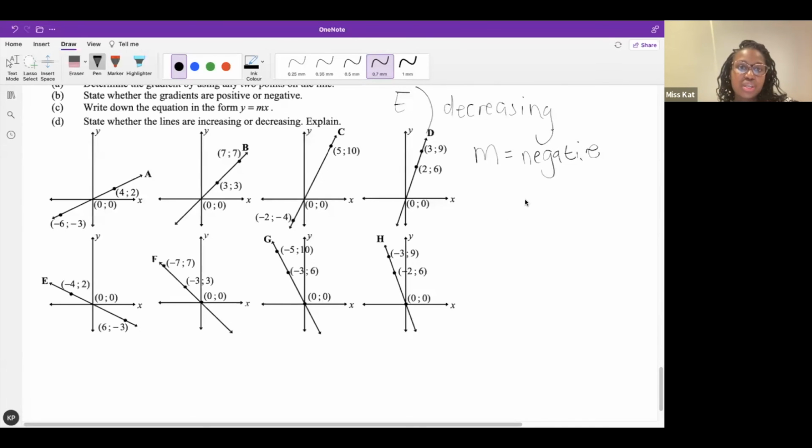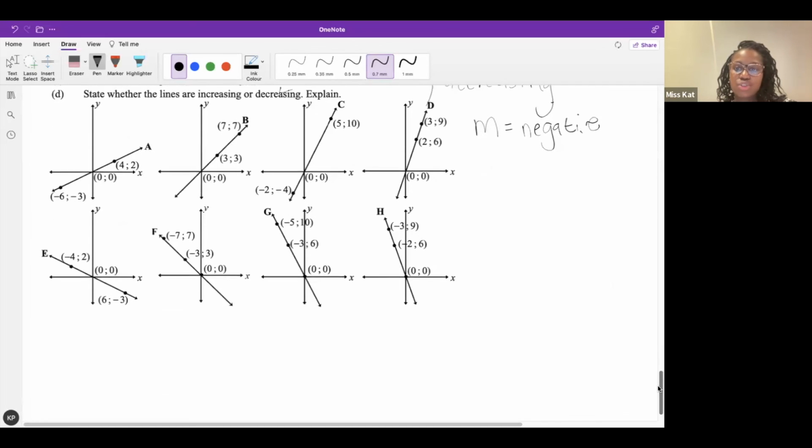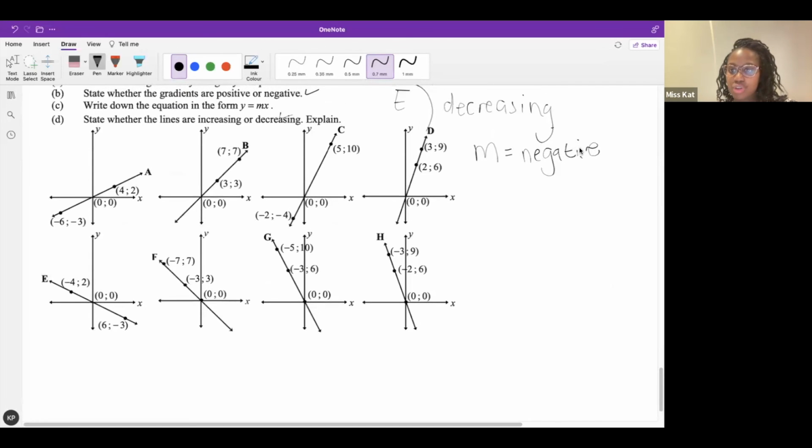Now we've already done the positive and negative, the decreasing. Now we need to find the equation of the graphs, and to do that, we need the gradient. Don't you agree? Let's start with the gradient. m equals, what's my formula for gradient?